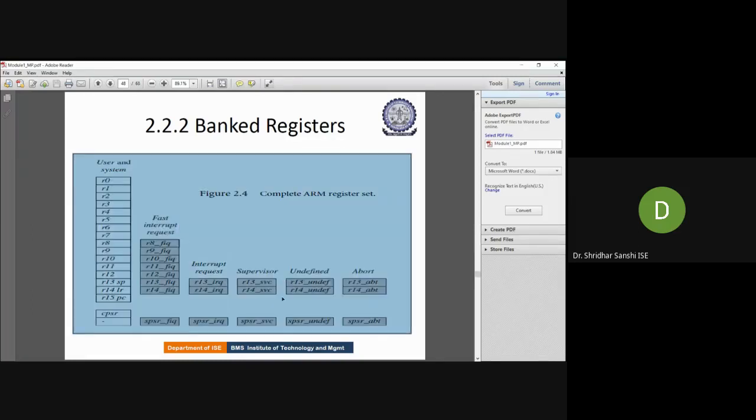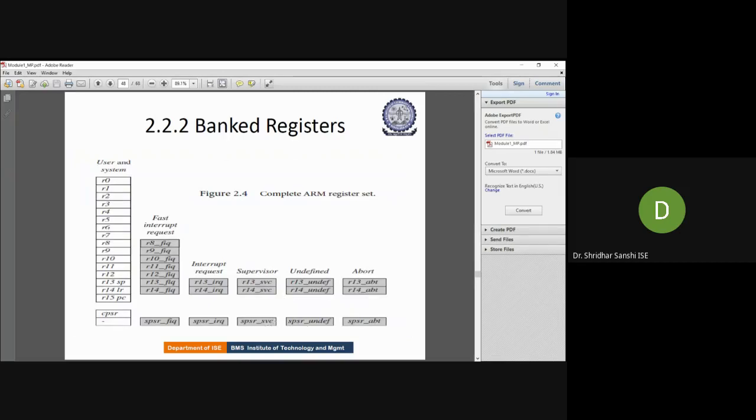For example, if it is executing in the interrupt request mode, then the system has access to the registers R0 to R15, CPSR, and these 3 registers. If the processor is executing in the abort mode, then along with the user and system registers, these registers are visible to the processor, not the programmer, because the programmer will be executing in user mode.